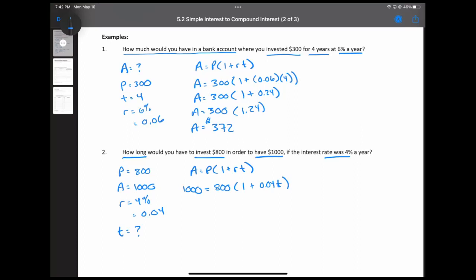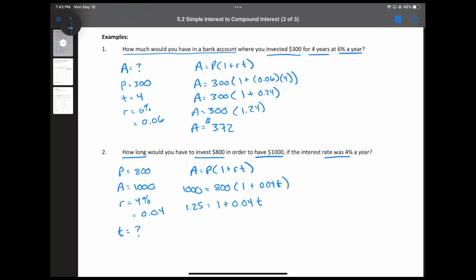Unfortunately, this is going to be a couple steps, but remember the goal of solving equations is just to get T by itself. So in order to get T by itself, what I'm going to do first is divide both sides by 800. So on the left, 1,000 divided by 800 is 1.25. And on the right, when I divide by 800, the 800 on the top just cancels with the 800 on the bottom, and I'm left with 1 plus 0.04t.